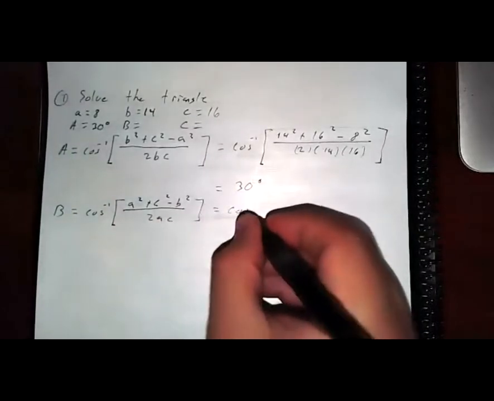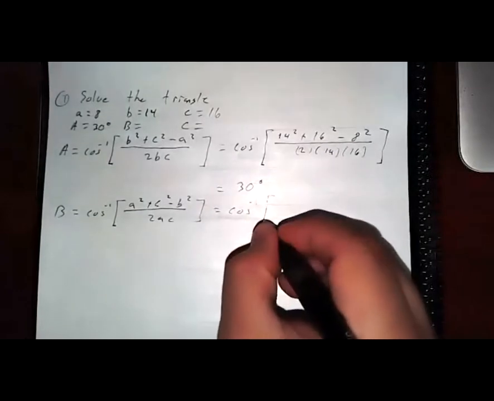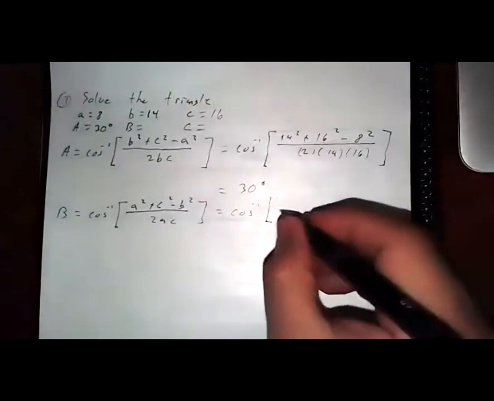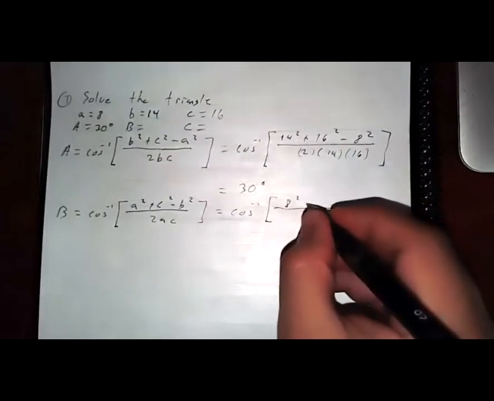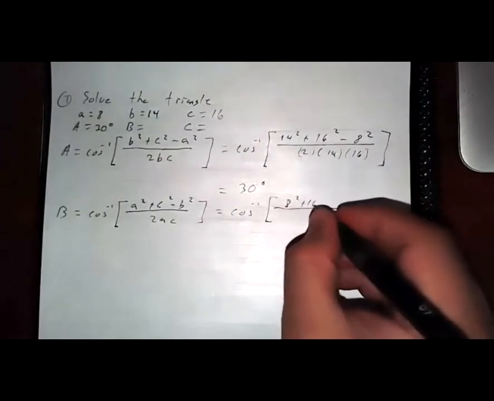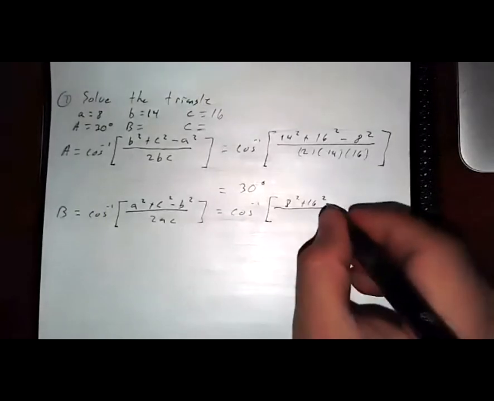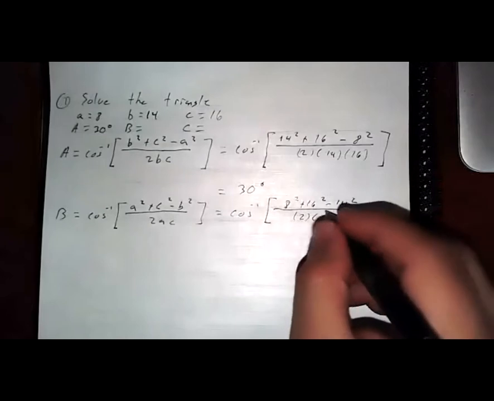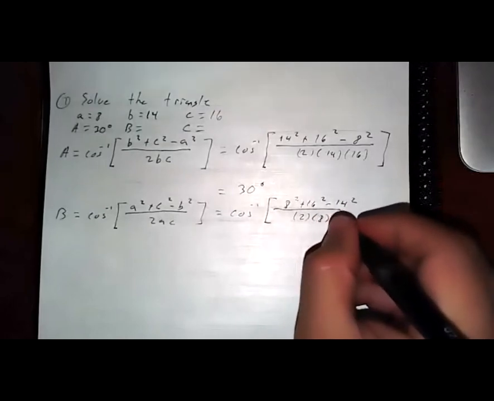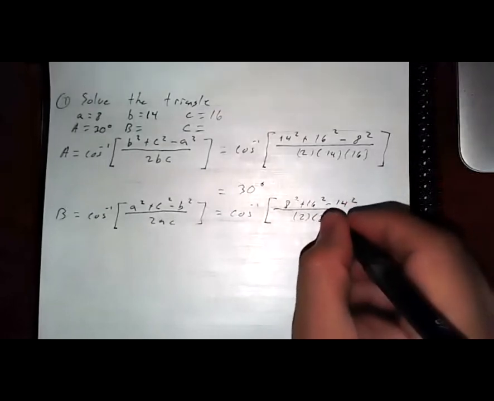So that would be cosine inverse of 8 squared plus 16 squared minus 14 squared over 2 times 8 times 16.